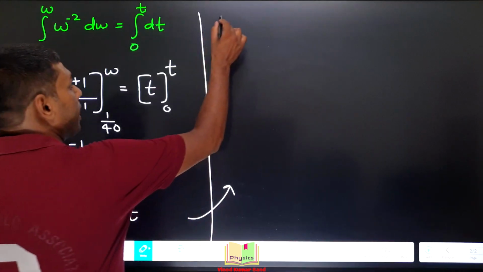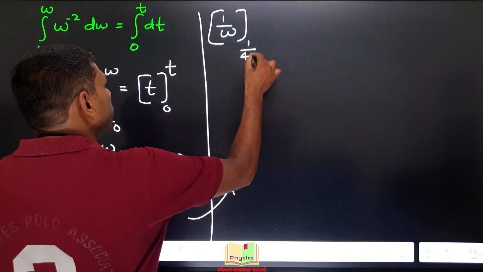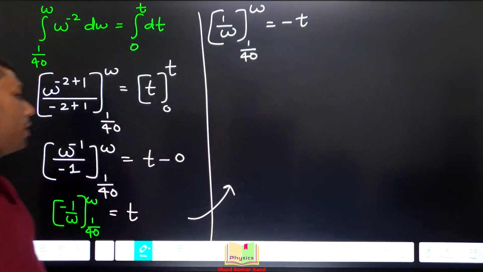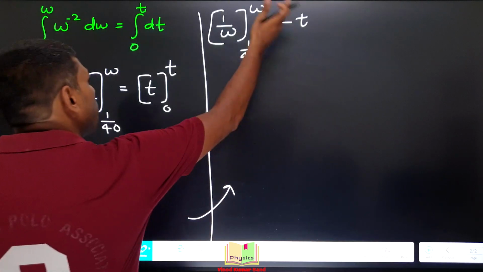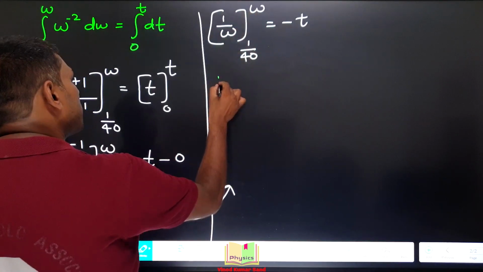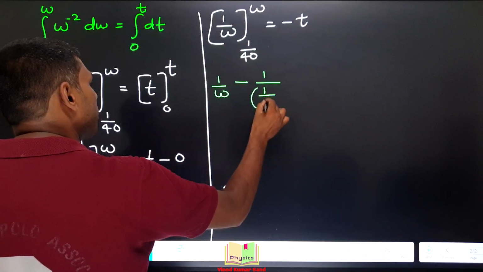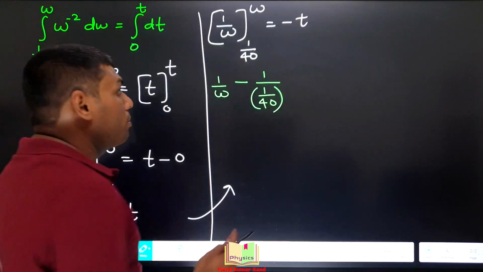So you can write 1 by omega, the limit is 1 by 40 to omega, and the minus sign we have taken here. This minus sign can be taken here. Now put up the data. Upper limit, so 1 by omega, minus lower limit 1 by 40. Keep in mind, at the place of omega, you will put the limit.